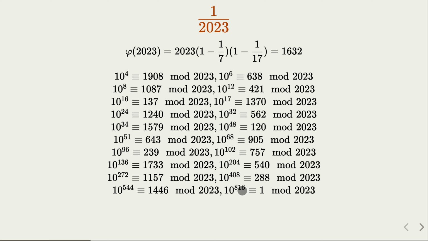That's a really long period, right? So 1 over 2023 would have a pure recurring decimal with period length 816. Okay, of course you can use long division to figure out what those 816 digits are. Check out my other YouTube video for information on that.